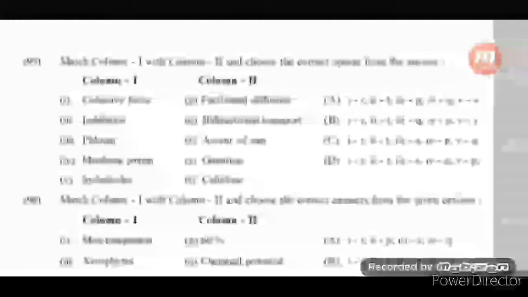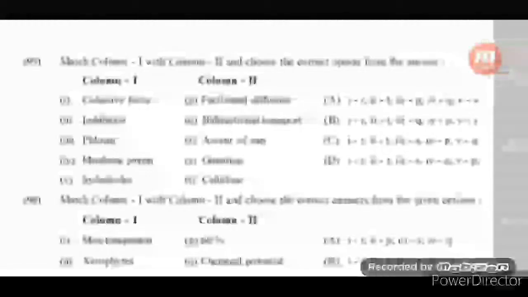Now if you come to the options, option A, they have given that cohesive force, it is the ascent of sap, imbibition, it is the cellulose, phloem, it is the facilitated diffusion, membrane protein, it is the bidirectional transport, and hydathodes, it is guttation.